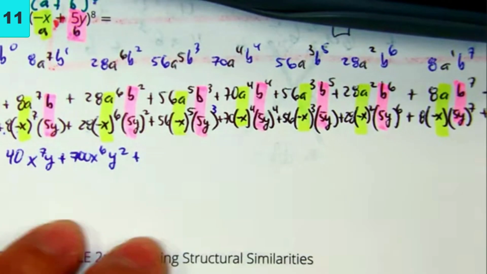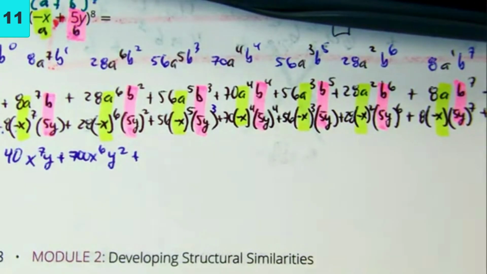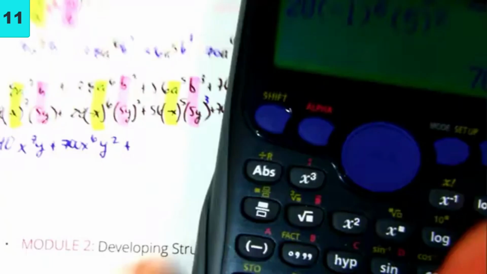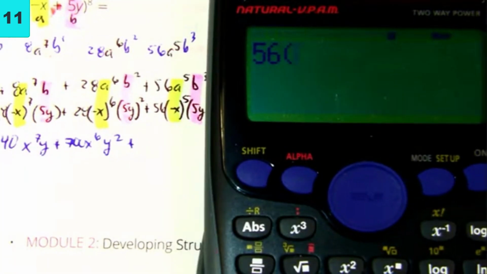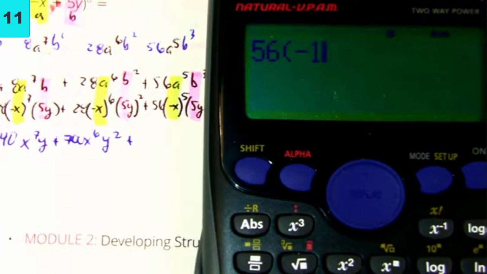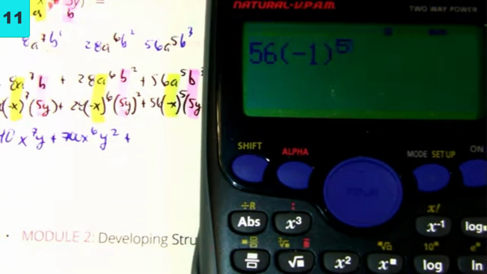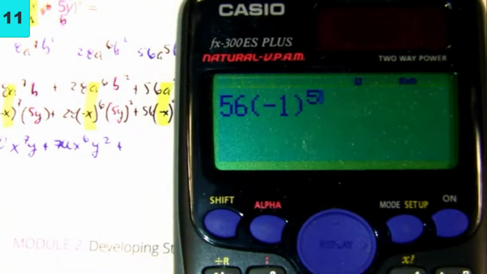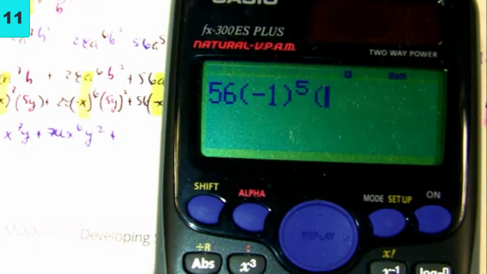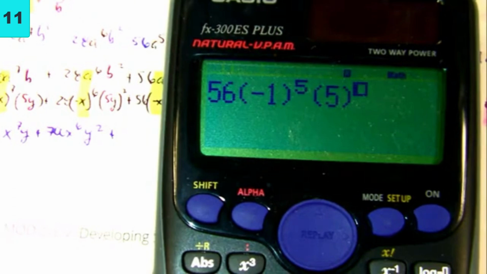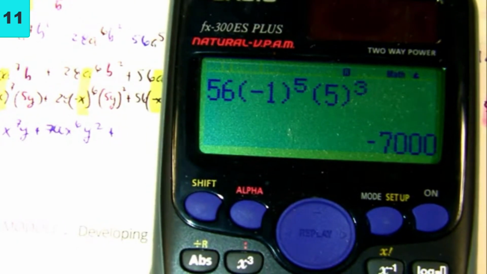Darian, did you get a number? Negative 7,000. Negative 7,000. Let's do it together. 56 times negative 1 to the 5th power. Five to the 3rd power. Negative 7,000 is correct.